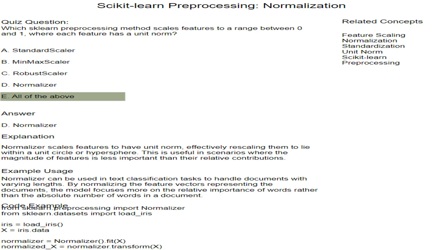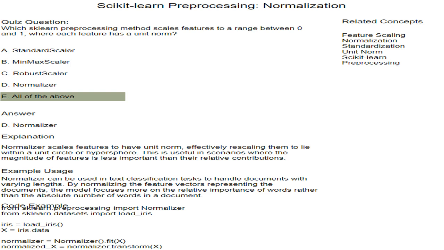It loads the iris dataset, which contains measurements of flower characteristics like sepal length, sepal width, petal length, and petal width. The normalizer is initialized and then fit to the data. Finally, the transform method is used to normalize the data, resulting in normalized feature vectors with unit norm.